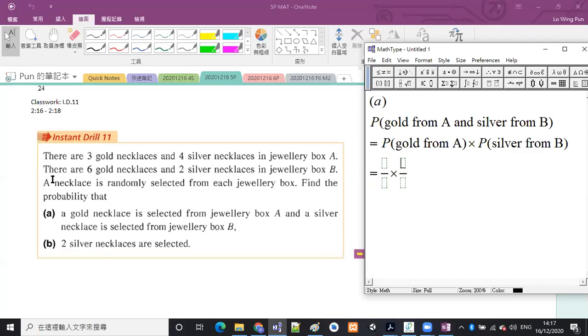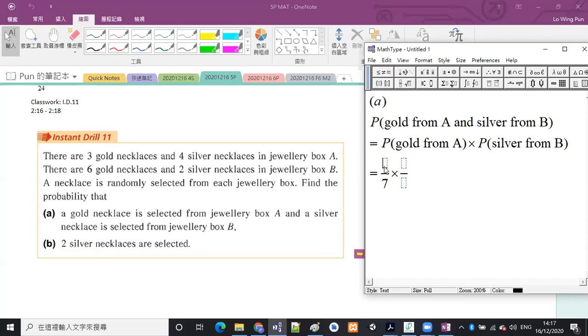For the first source, it is from box A. How many options are there for us to choose? There will be 3 gold and 4 silver, so totally there are 7 options, right? And among the 7 options, how many of them can satisfy this requirement? They are gold.